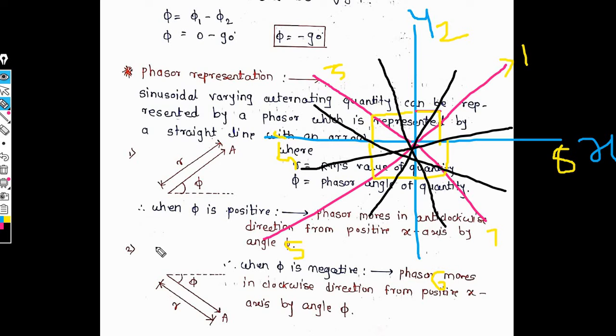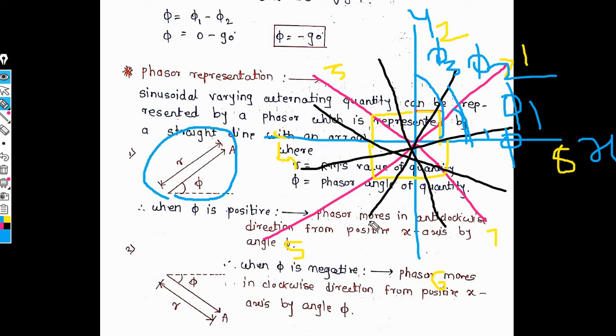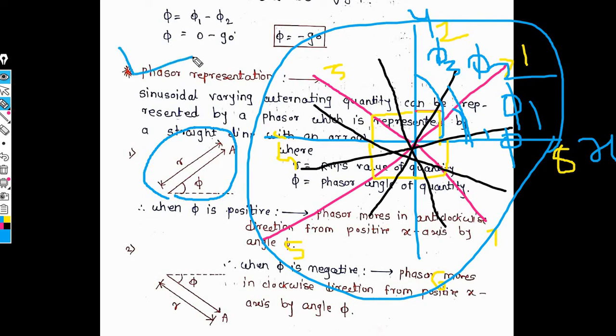The phase angle between phasors is very important. Here phi is there, then here phi 1, then here phi 2, then here phi 3. That means the angle is very important in a straight line, and this whole concept is called phasor representation.